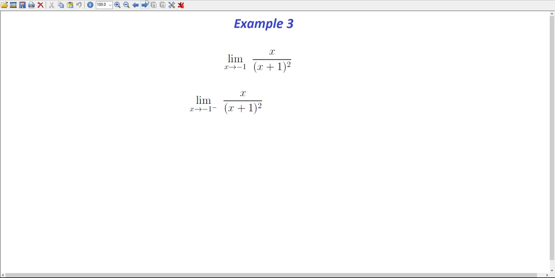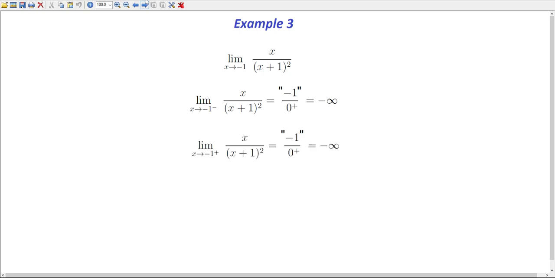You square, however, something a little less than 0, you get something a little bigger than 0. So we end up writing minus 1, which is where the top goes, over 0 plus. And now negative divided by positive is negative, so this limit should be minus infinity.